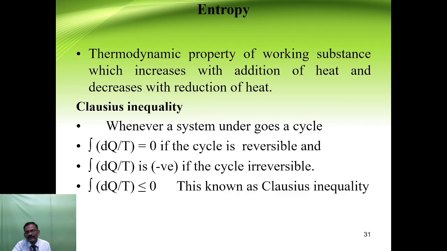Already we discussed the different processes, that is constant pressure, constant volume, isothermal, reversible adiabatic and polytropic process. In all the processes the entropy will change, but in an isentropic process the entropy change will be 0. That is, isentropic means there is no change in entropy. Other processes have their own entropy value.